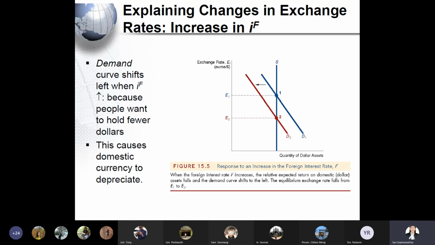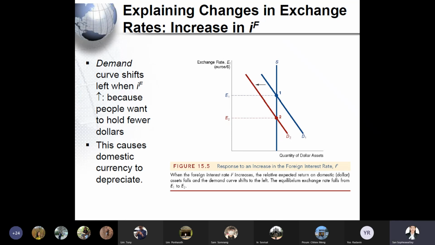When everyone exchanges US dollars for euro, it means a lot of US dollars are circulated in the economy. So this is the transmission from the increase in foreign assets to exchange rate depreciation.